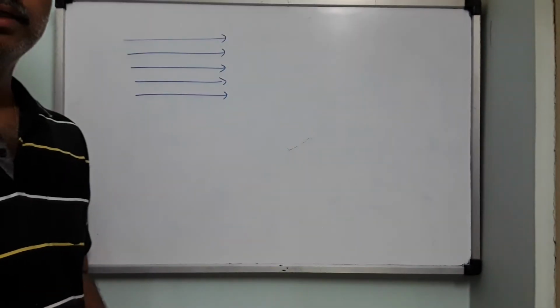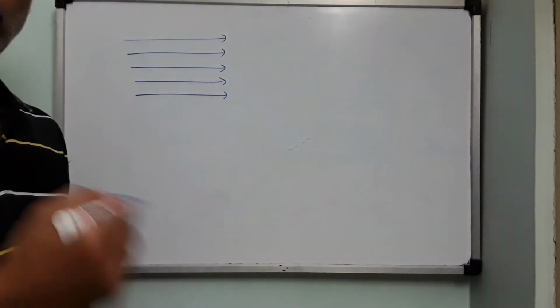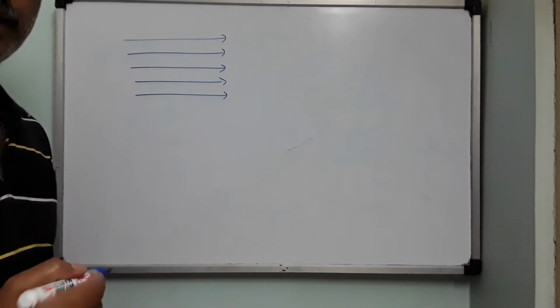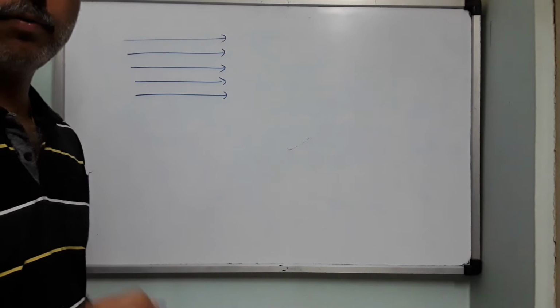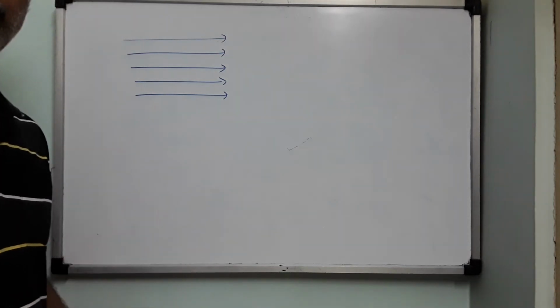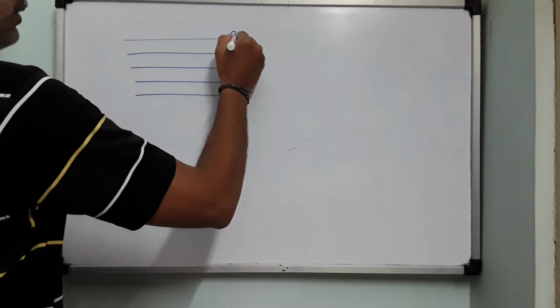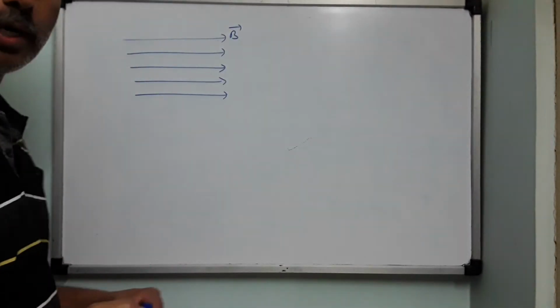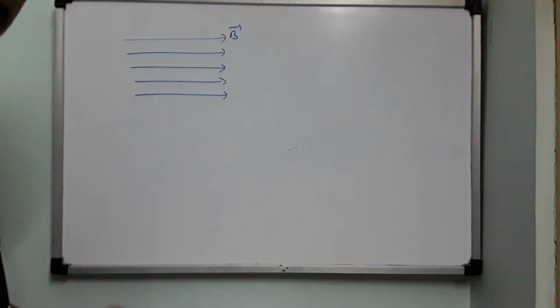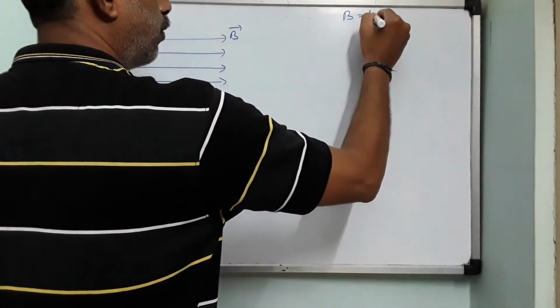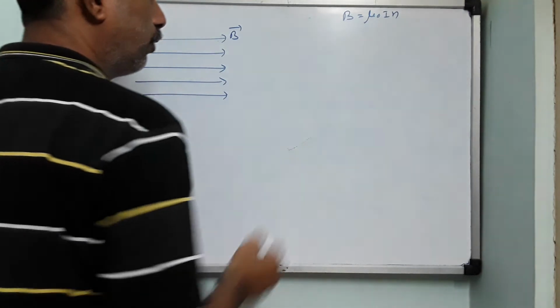By passing a current through a solenoid or a toroid. Toroid will produce a uniform circular magnetic field, whereas a solenoid will produce a linear uniform magnetic field. So obviously this type of field is because of the solenoid. When a current passes in the solenoid along the axis of the solenoid, you have the magnetic field B equals mu naught into I into N.